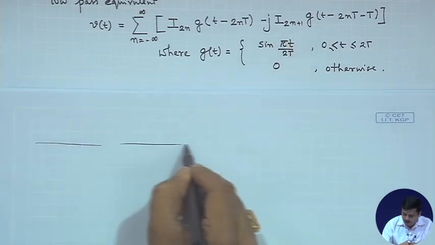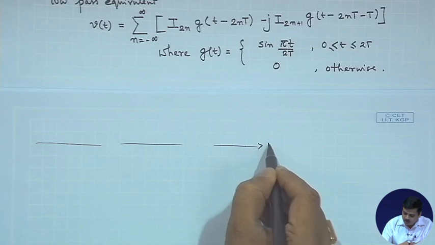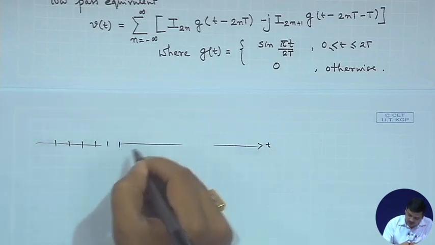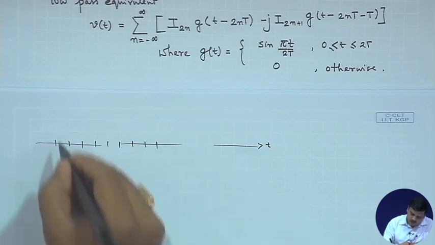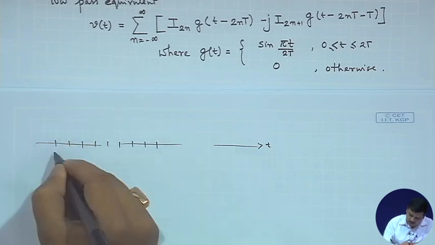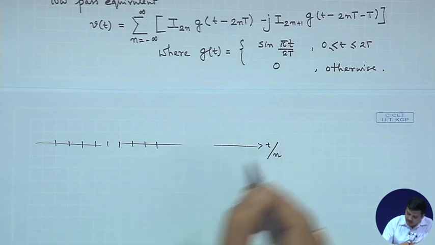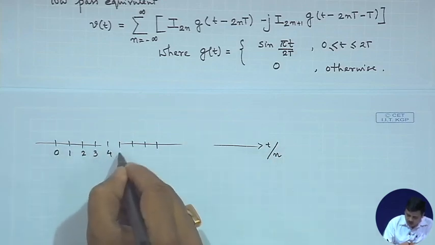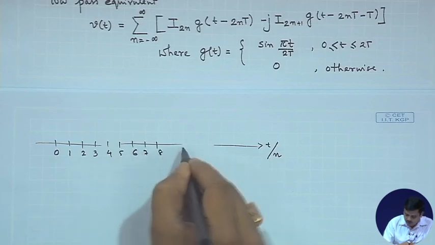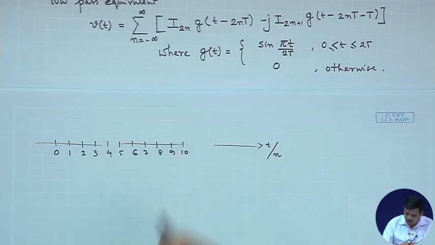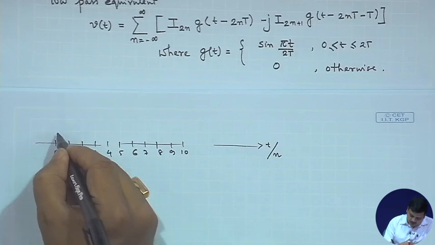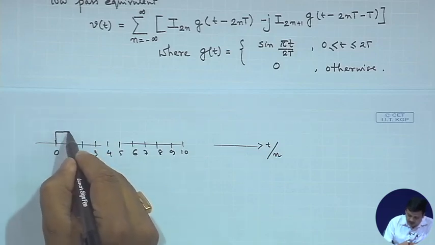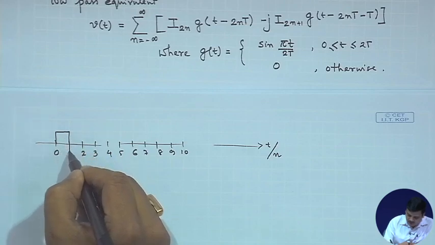So, this is my timeline, and these are the values of n that you would get. Let us say this is t by n, and I put 0, 1, 2, 3, 4, 5 and so on. Then we are going to get some value of I_n, and we have two different values.